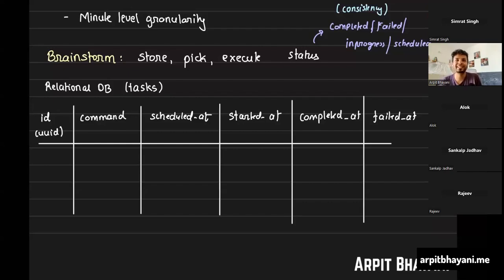Correct. Then another metric, like which worker was executing it. Why are you stuck on which worker? You don't care which worker is executing it. What you care about is what type of task it is.